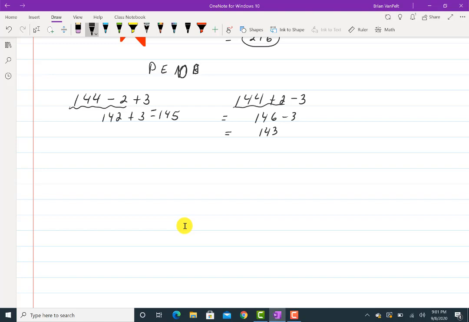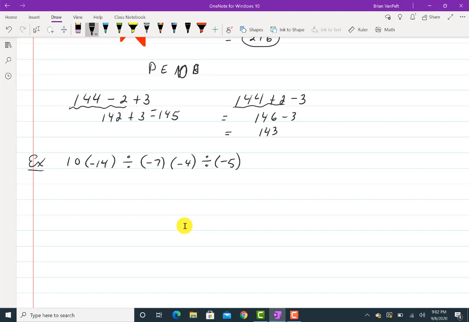Let's do some more extended problems. Since all I have here is multiplication and division, I am going to just go from left to right.